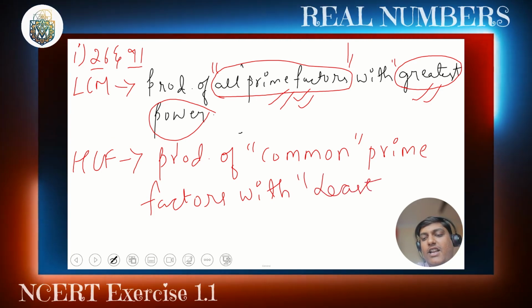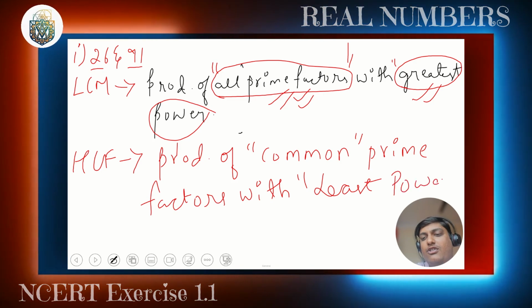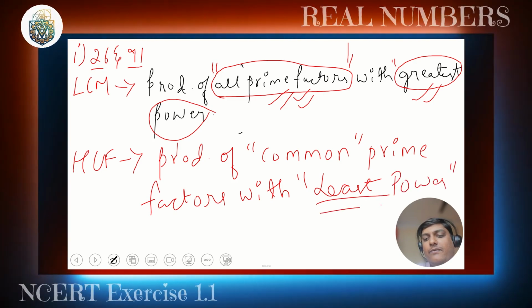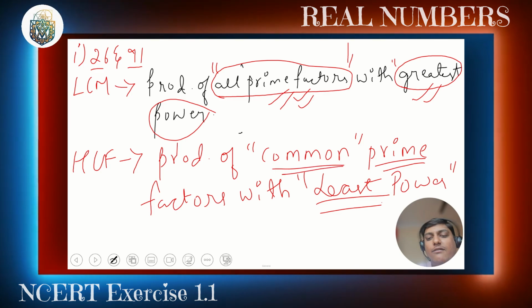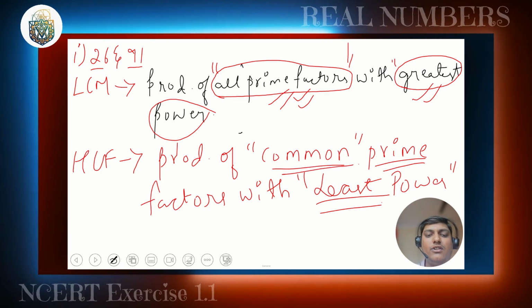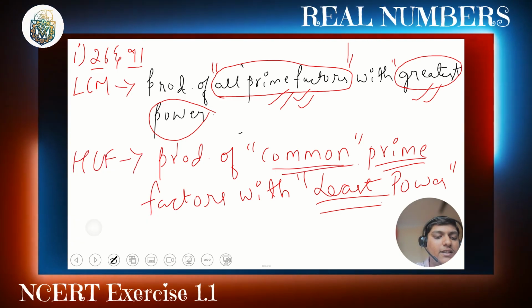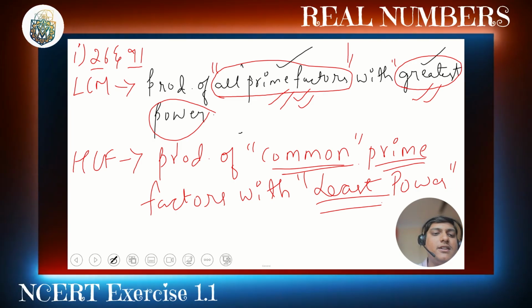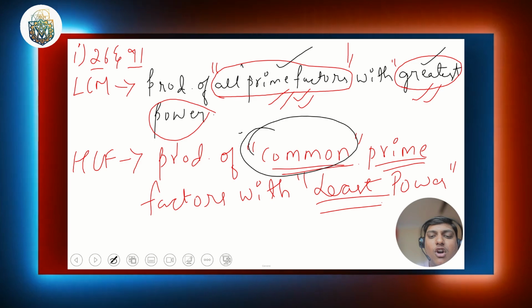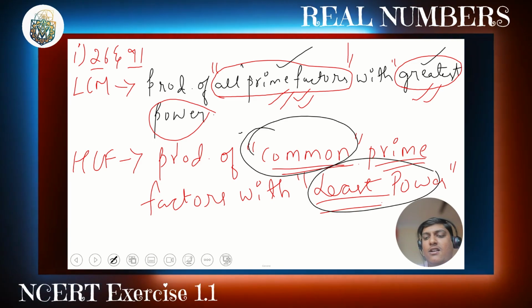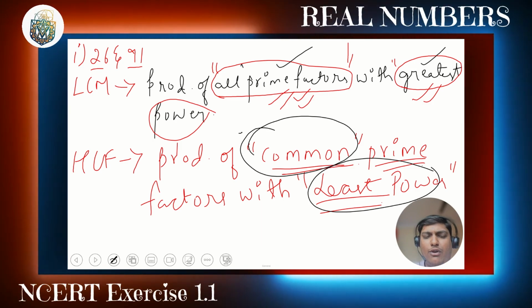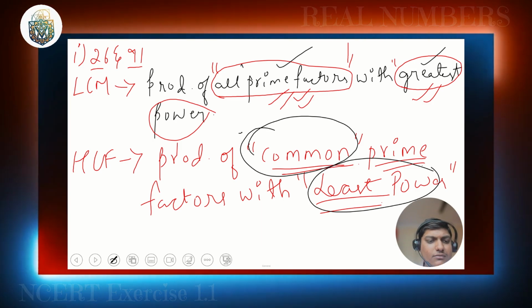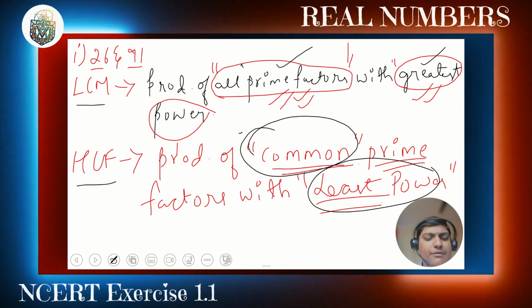This word is again important. It should be least power. So in LCM you have to remember it is all prime factors and greatest power. In HCF you have to remember it is common prime factors and the least power. I hope the definitions for LCM and HCF are clear. When we take an example, we'll understand it better.